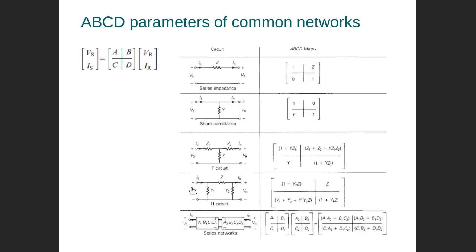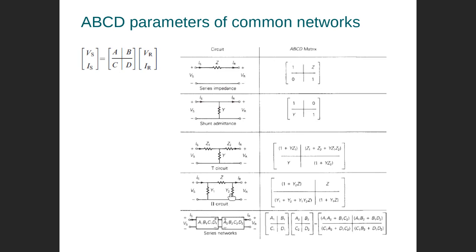So this is the circuit. If it comes like this, then we will have it like this one. This is a common network, showing how to relate the A, B, C, D parameters. What you need to know here is that A equals D if Y1 equals Y2.